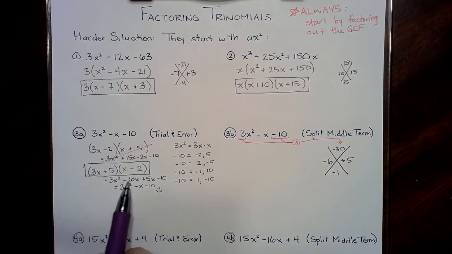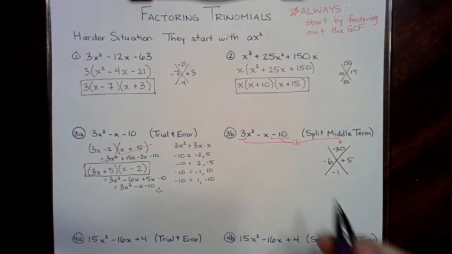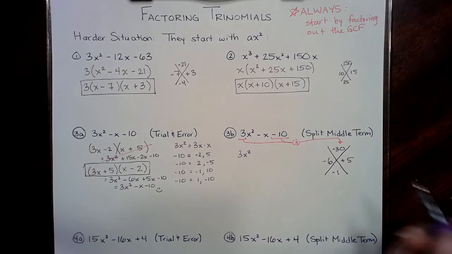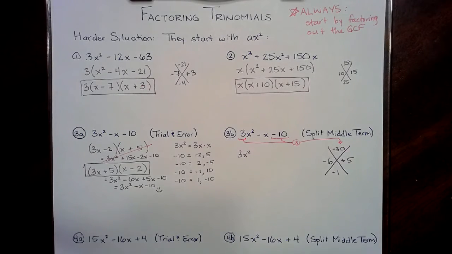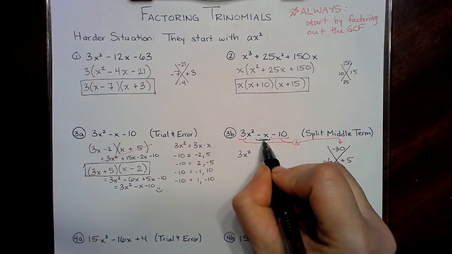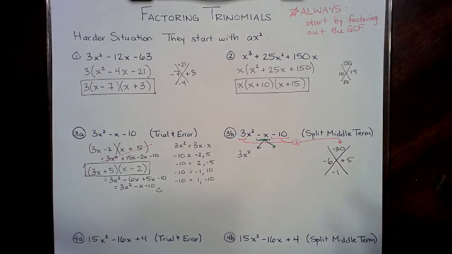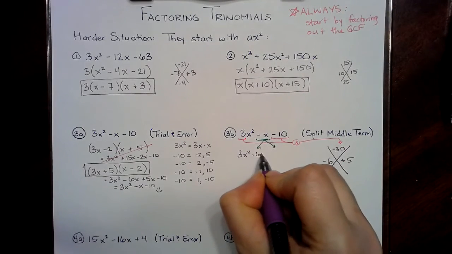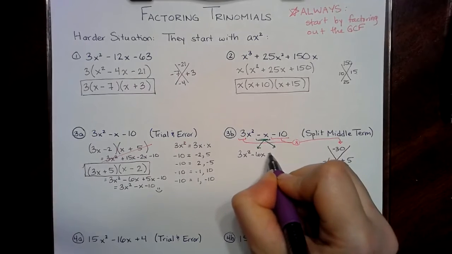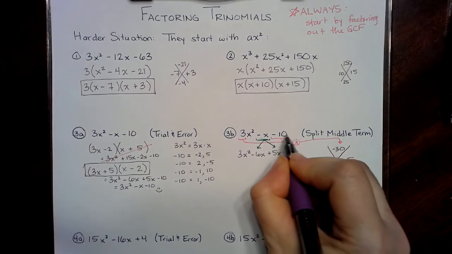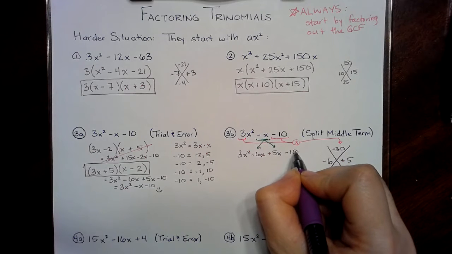What I'm going to do is I'm going to use them to split up this middle term. So the 3x squared is going to get copied, but the minus x here in the middle is going to get split up into minus 6x and plus 5x, and then the minus 10 is again just going to be copied.